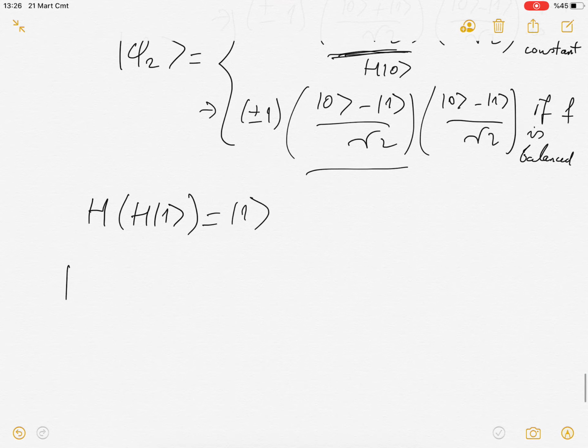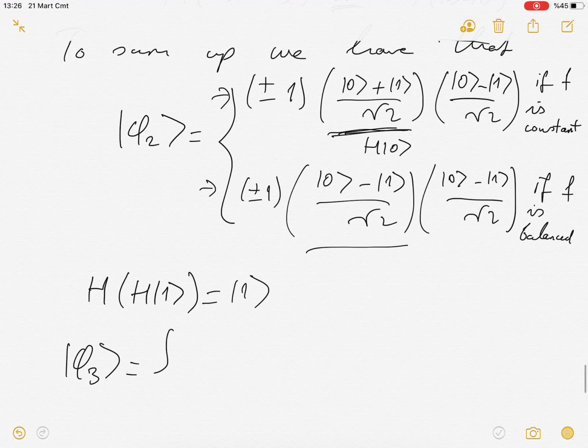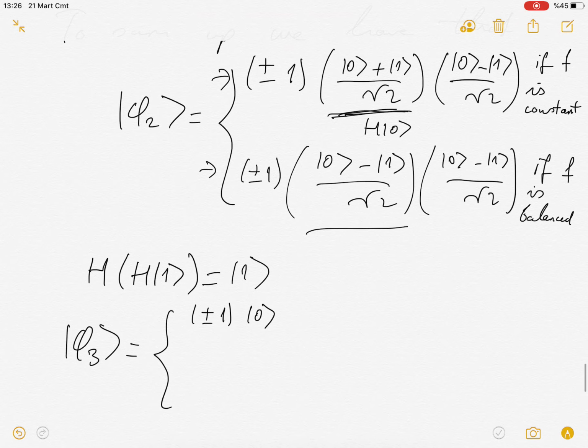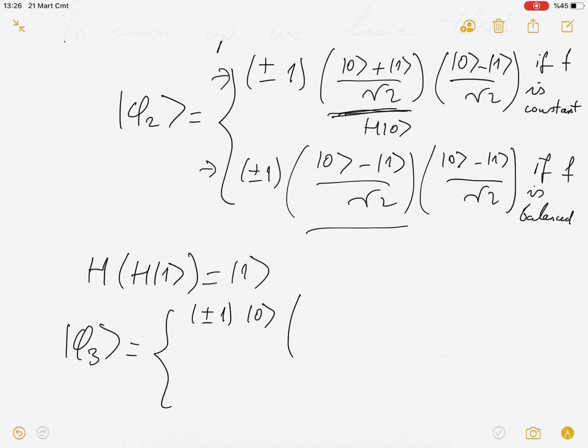Right? So let's write phi 3. Phi 3 is either going to be plus minus 1 times ket 0, (ket 0 minus ket 1) divided by square root 2. This is if f is constant.